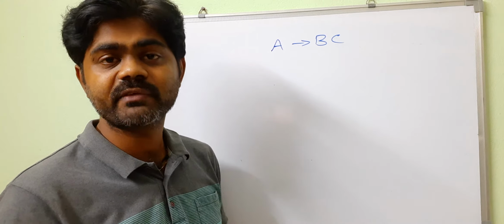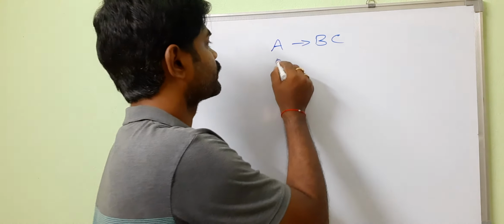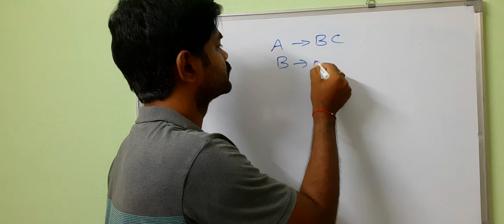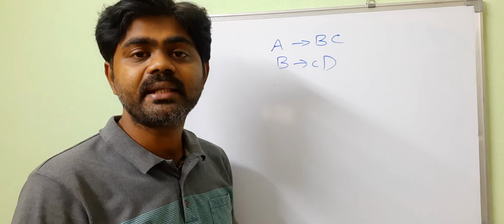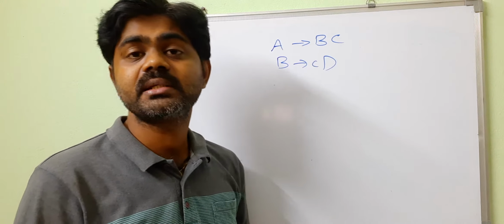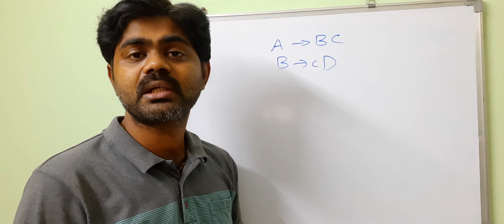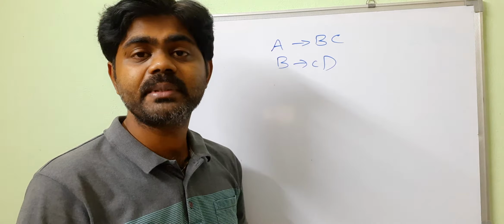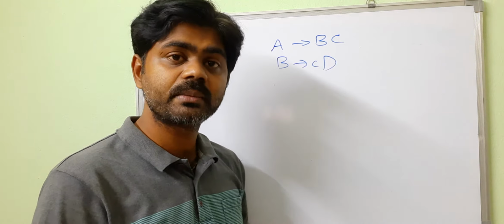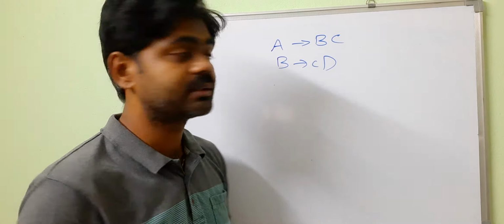So this is one sort of production. Then B tends to small c, capital D. So in the first production, capital A, capital B, capital C, all three are non-terminals. In the second production rule, capital B is a non-terminal, capital D is a non-terminal, and small c is a terminal.